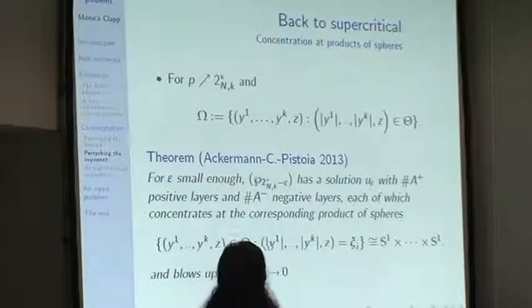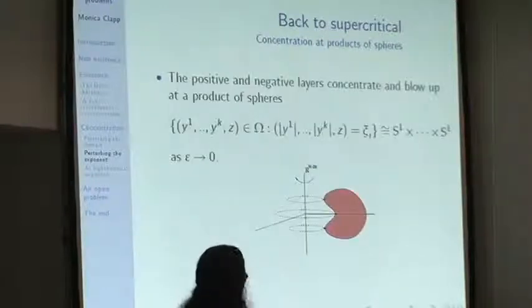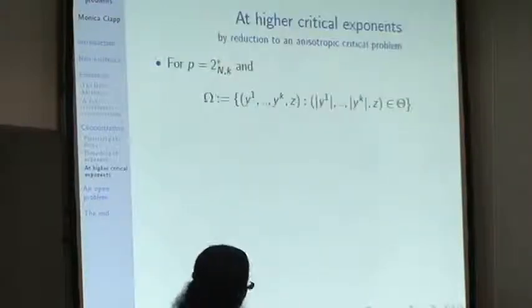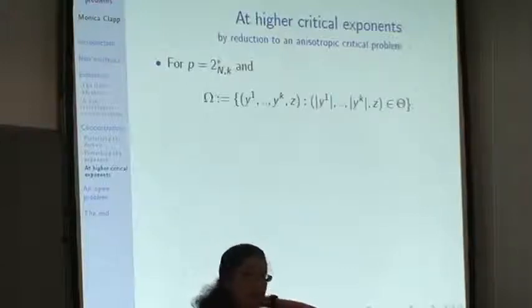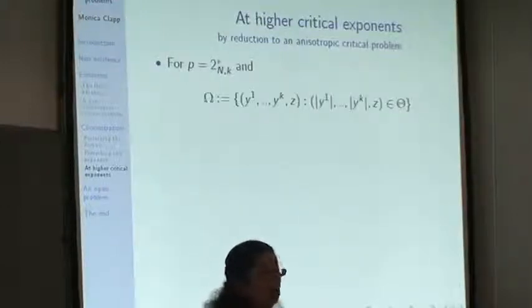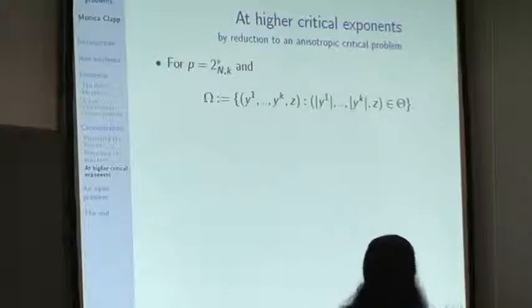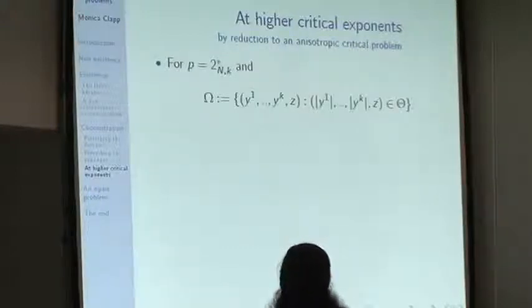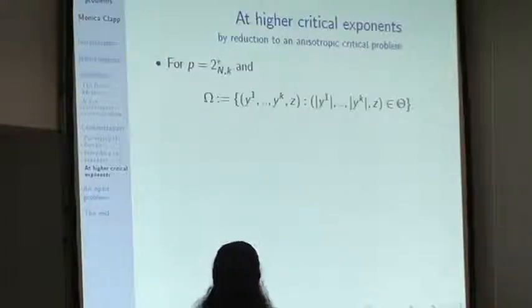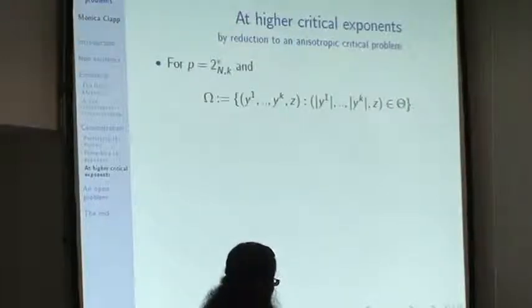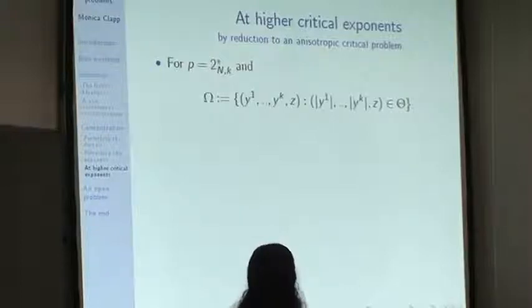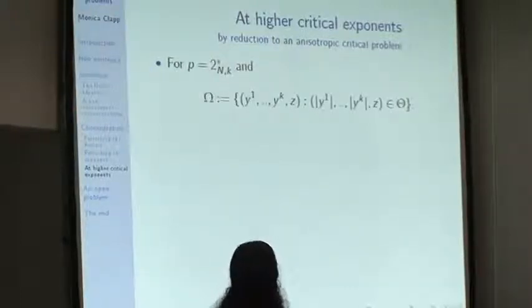Okay. Well, I'm almost done. Of course, this kind of reduction by rotation will also give us information about solutions precisely at the critical level 2* for N, k, so precisely at this level.